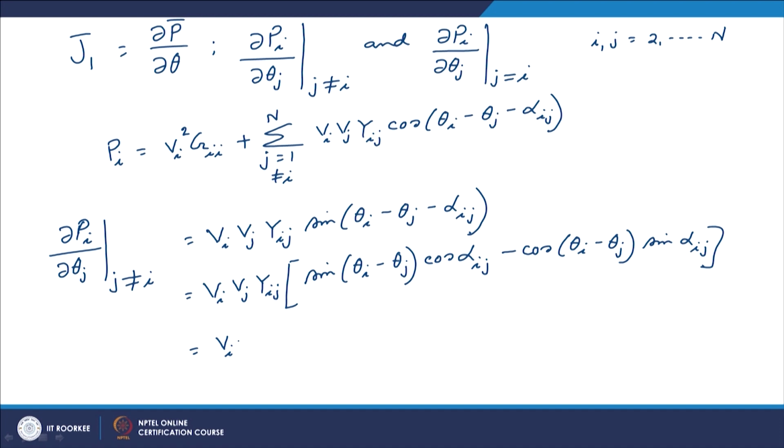So, it is Vi Vj Yij into Gij sin(theta i minus theta j), and it becomes Vi Vj, it is Bij cos(theta i minus theta j).